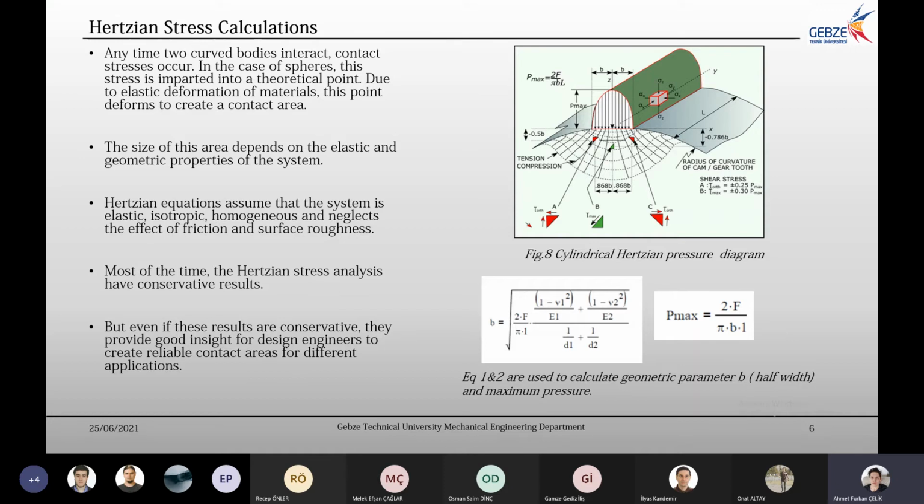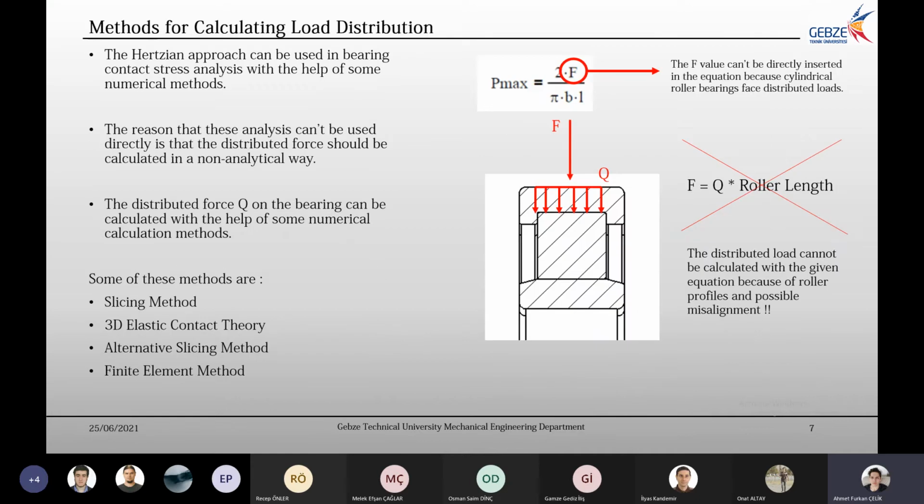So I will try to develop a code which calculates these pressure distributions.